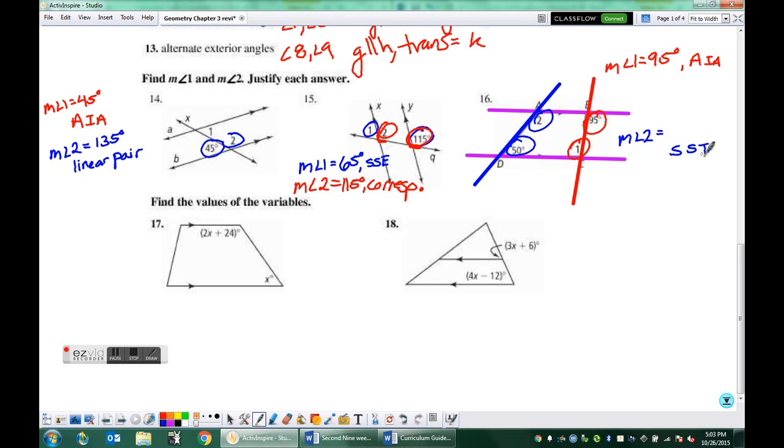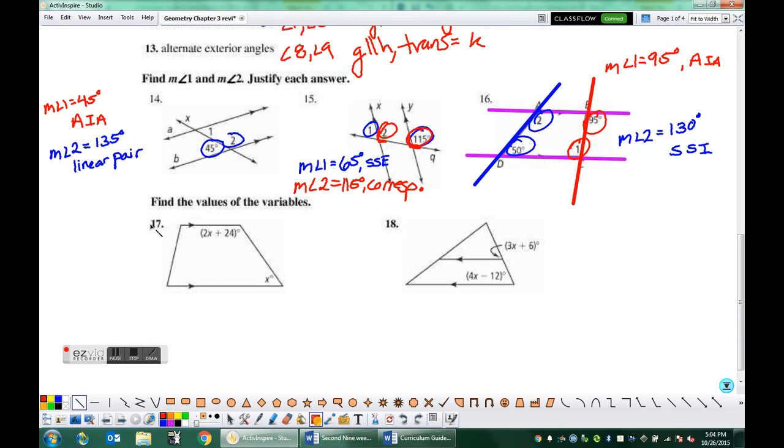When I look at angle 2, you'll notice it's on the same transversal as the 50. Since they are same side interior, in between the pink lines here, they have to be supplementary. So what plus 50 equals 180, or 130?